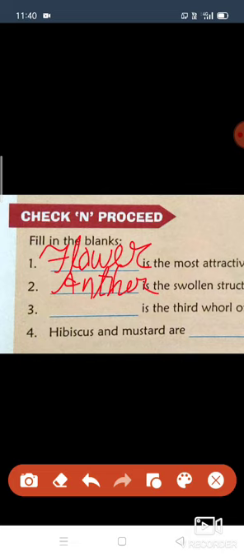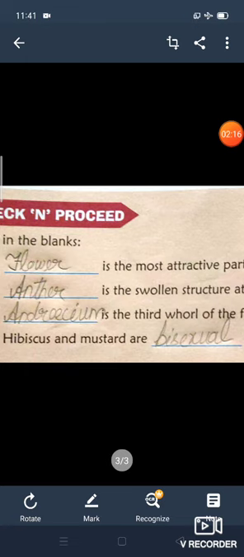Next, dash is the third whorl of the flower. Which is the third part of the flower, children? As we read in our textbook, that is androecium. Children, I am writing it with my pencil. So look here children.